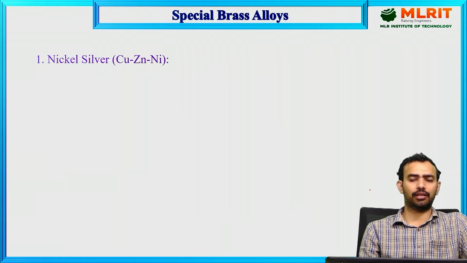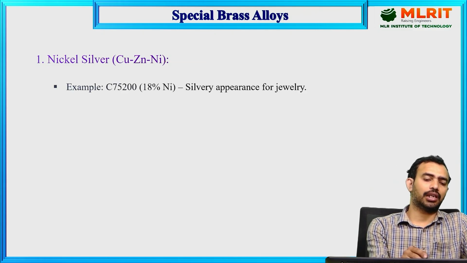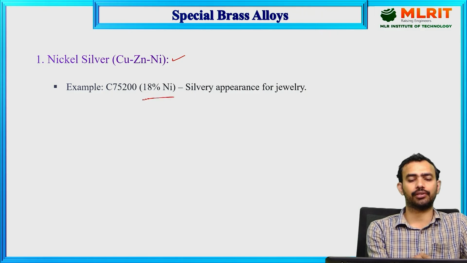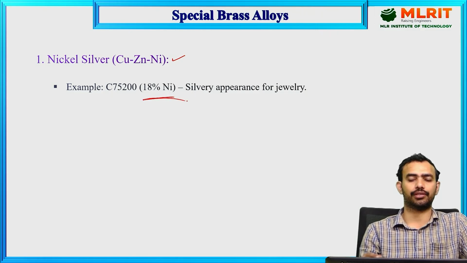Some special brass alloys are also discussed here, as we have seen the nickel silver combination, copper with zinc and nickel. So you have nickel silver. 18% of nickel is added here, which gives the silvery appearance for your jewelry.